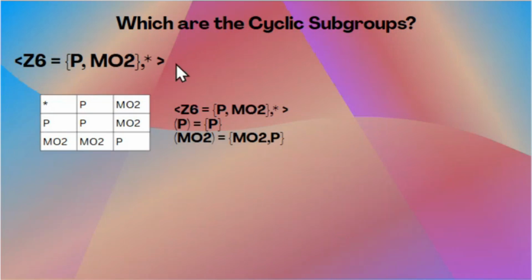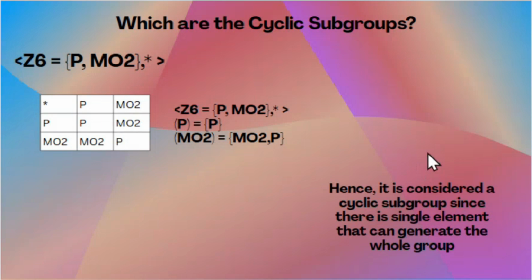Next one, Z sub 6, we have P and MO2 under binary operation star. So P star P is equal to P, and MO2 star P is MO2, and MO2 star MO2 is P. So therefore, it's a cyclic subgroup because we have a generator MO2 that generates the whole group.